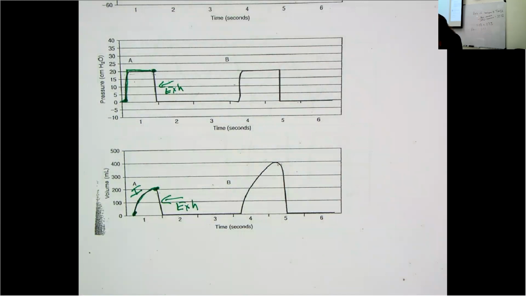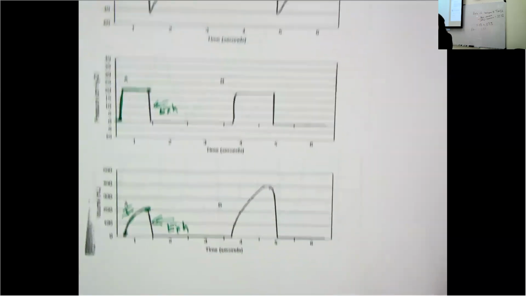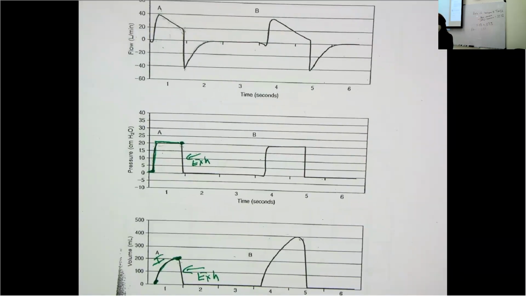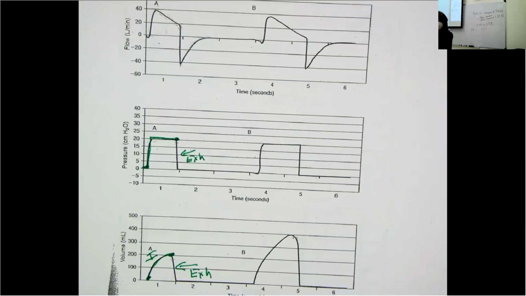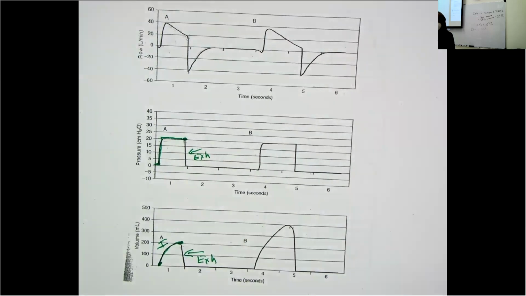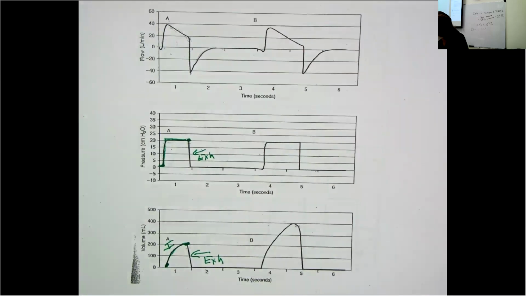Okay, so now what is the peak airway pressure on each breath? 20. What are the units? As long as everything's water. Yes, very good. What is the pressure at the end of exhalation? Very good.